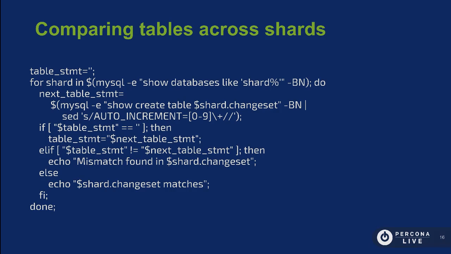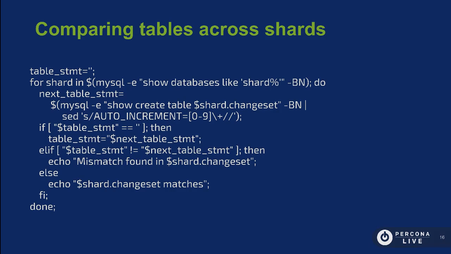Let's say you've got different tables, you're running on a sharded environment where you have multiple databases with the exact same tables everywhere, different contents within them, but the basic definition is the same everywhere.